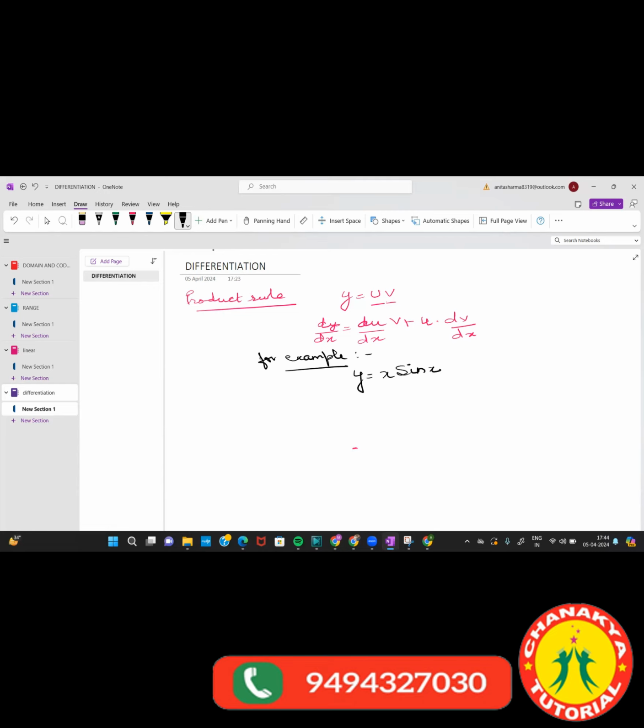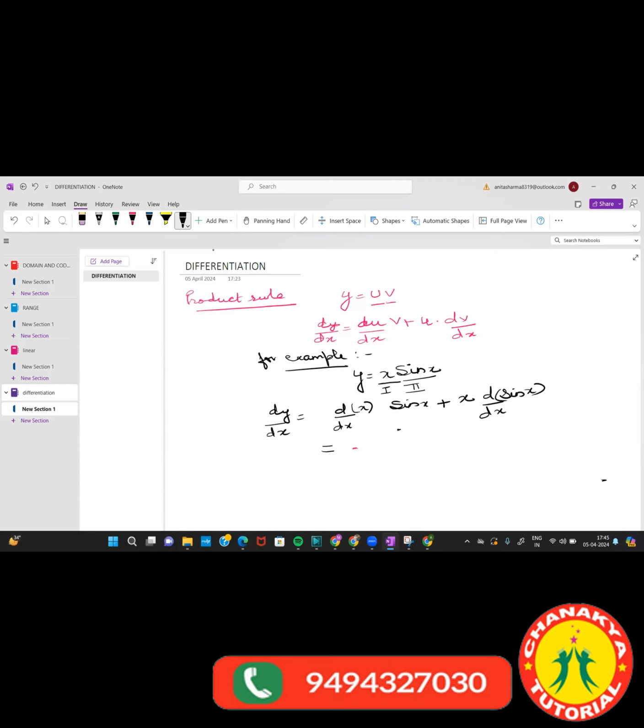Here we have two functions, beta, x and sin x. So x is your first function and sin x is your second function. You will do the differentiation of the first function first, then sin x as it is, plus the first function x as it is, then the differentiation of sin x.